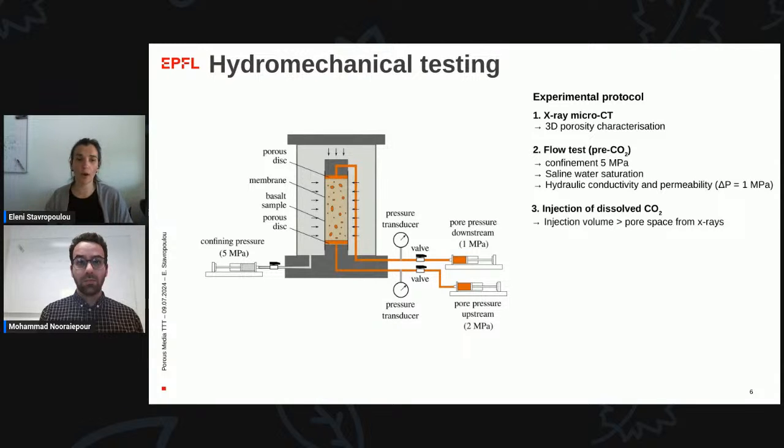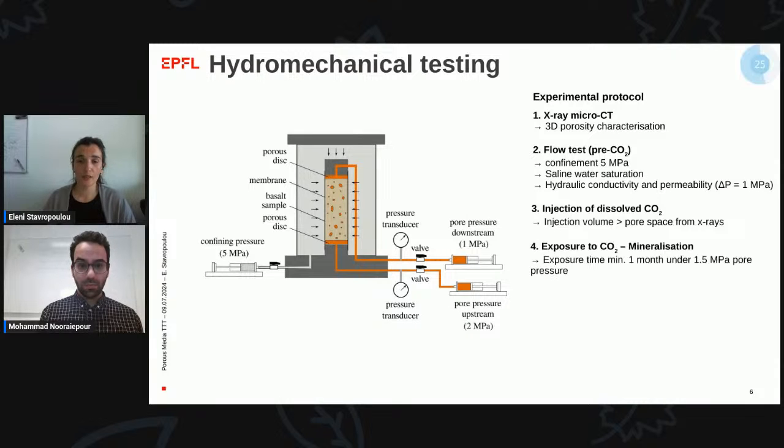We made sure from our porosity measurements to inject at least twice the porosity volume of CO2 dissolved into seawater. And then we closed the valves and let the material interact with the CO2. We targeted a minimum exposure time of 1 month, but as you will see later, we also have tests and results of much longer duration.